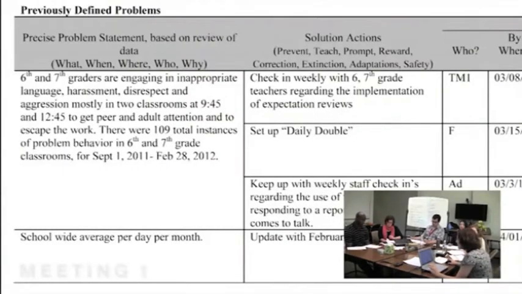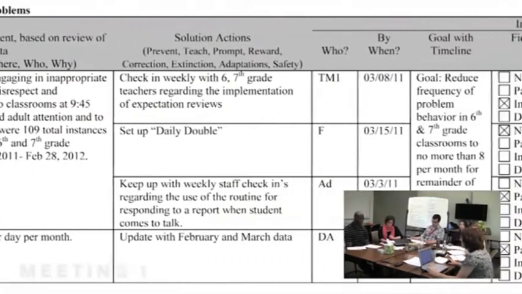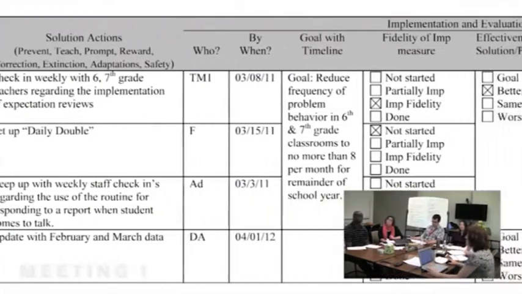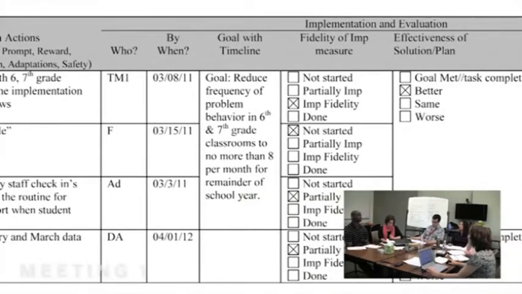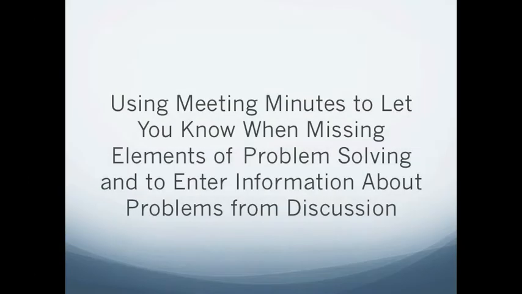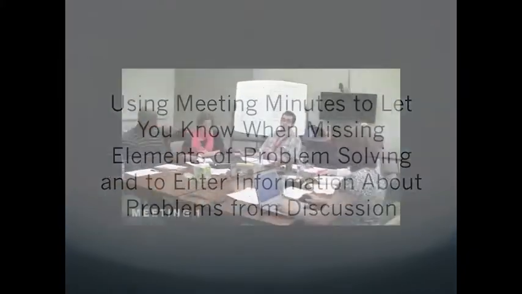Let's see, it says our goal was to reduce the frequency of problem behaviors in the 6th and 7th grade classrooms by about half for the year, and to see no more than 8 referrals for the month. Okay, and we had decided expectations with them again. Oh, wait, I think we missed a part of our problem.